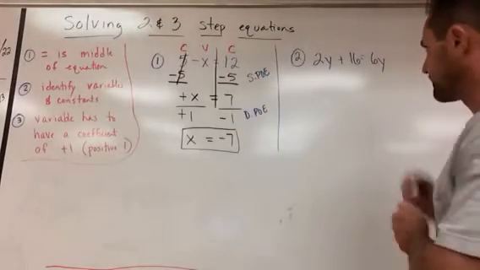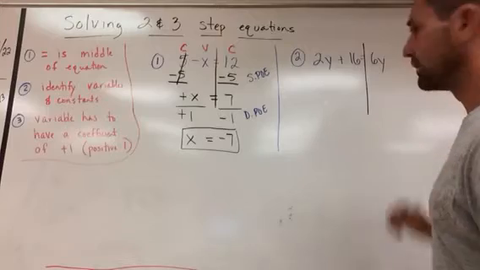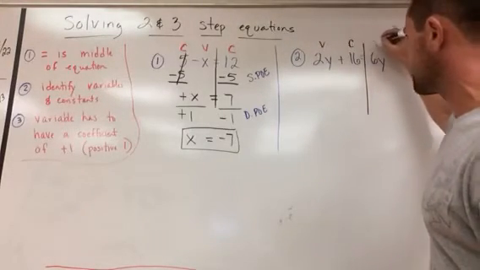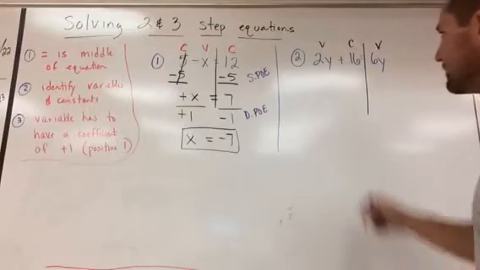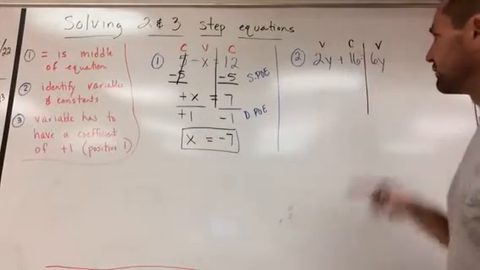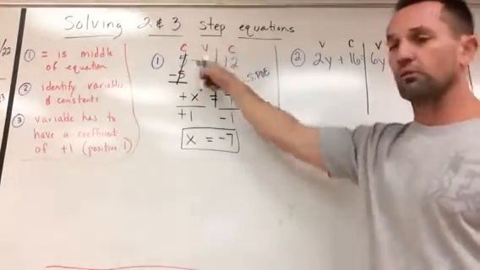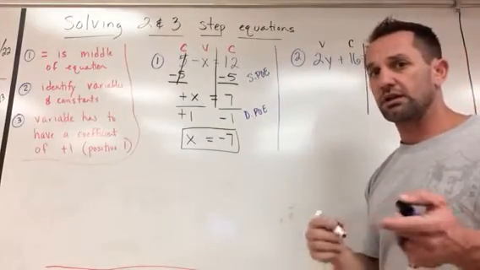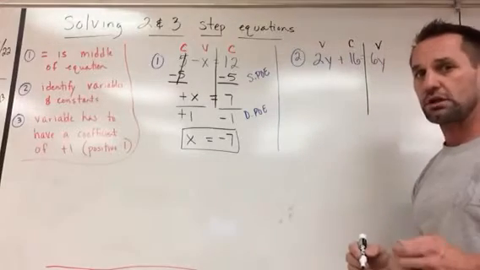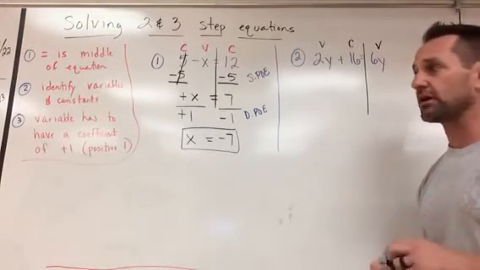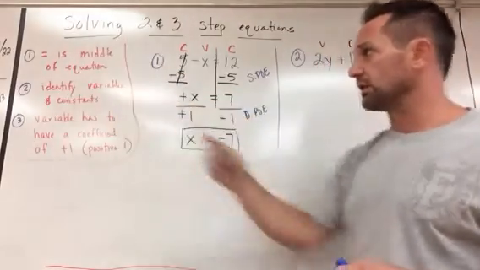If we identify the middle of our equation, and then say 2y is a variable, 16 is a constant, 6y is a variable, I'll notice that I have 2 variables and 1 constant. Over here, I had 2 constants and 1 variable. Does that mean we do anything differently to solve this problem? No, it means we do it the exact same way. But you have to follow these 3 things.